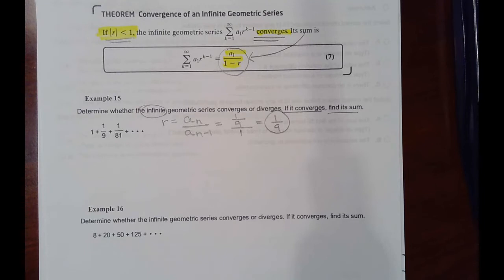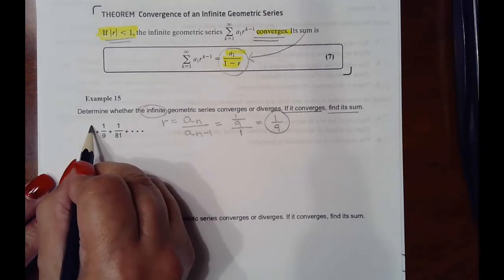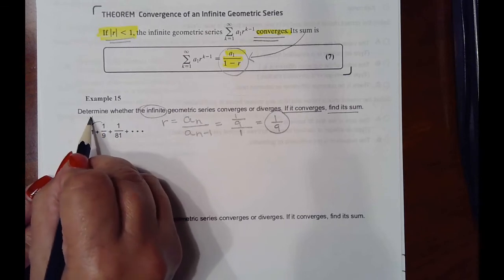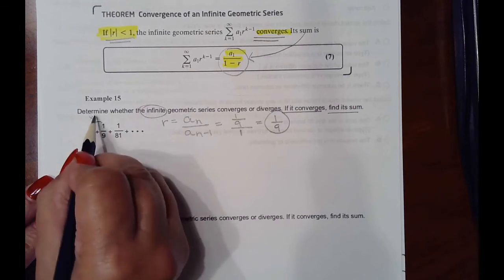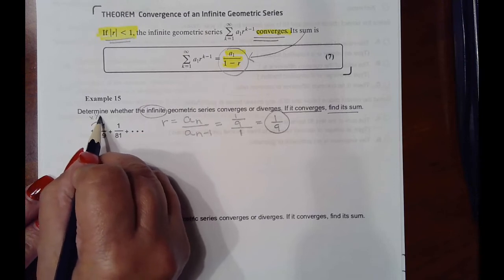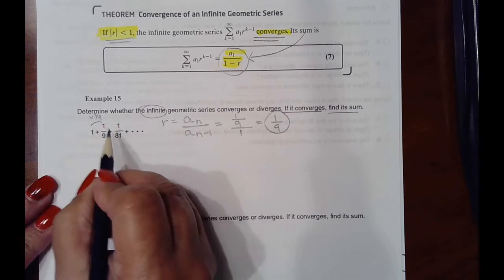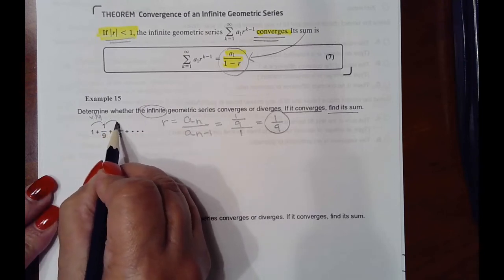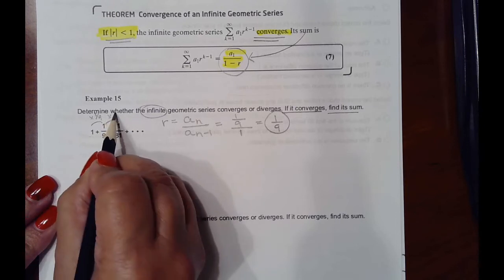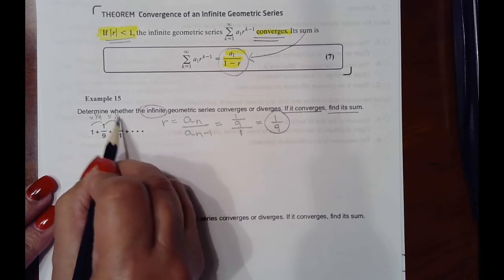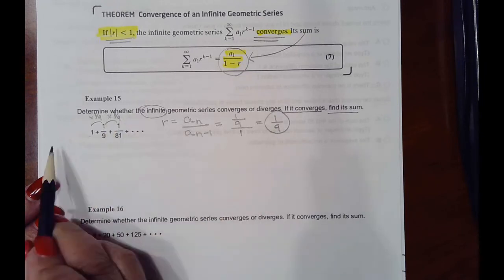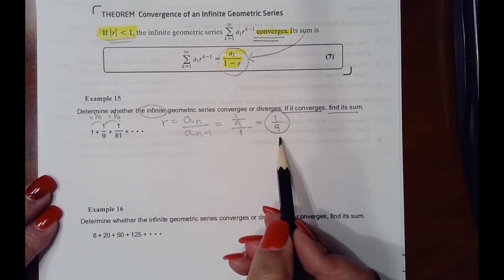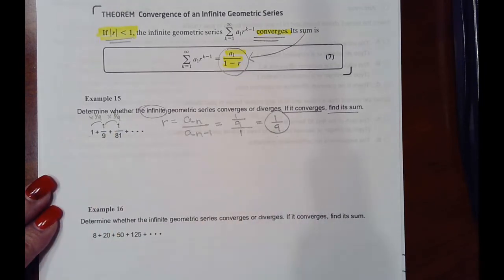After finding that R value, you can see it here: if you went from here to here, what would you have to multiply this 1 by to get to the next value in the sequence? 1/9. What would you have to multiply 1/9 by to get to 1/81? 1/9. So I want you to understand that you can see the R value here, but you can also calculate it using the formula.